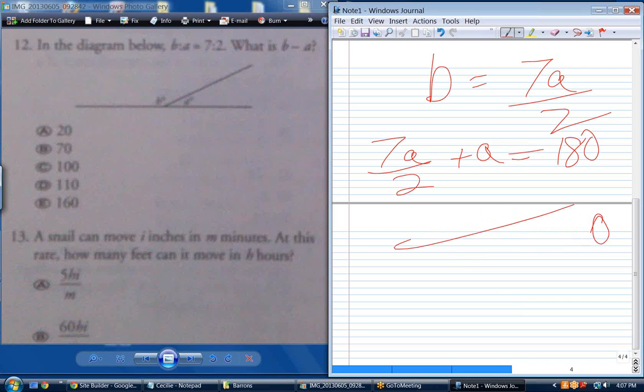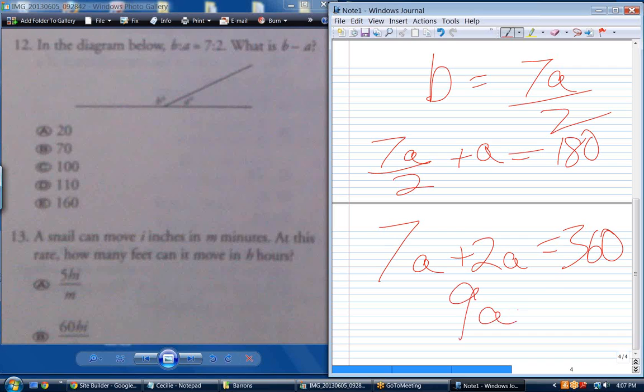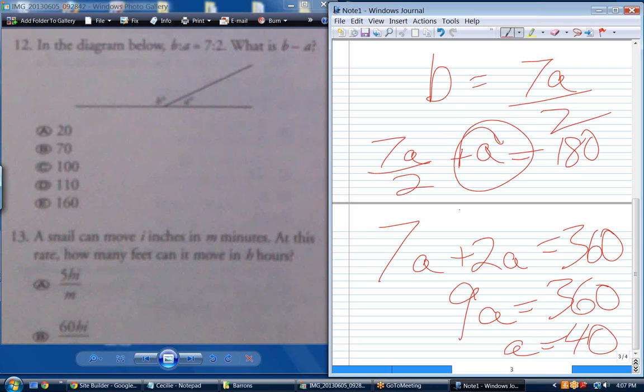Yep, I can do that. Let's multiply every term by 2. So we got 7A plus 2A equals 360. So 9A equals 360, A equals 40. And once you come up with A, coming up with B is pretty easy.